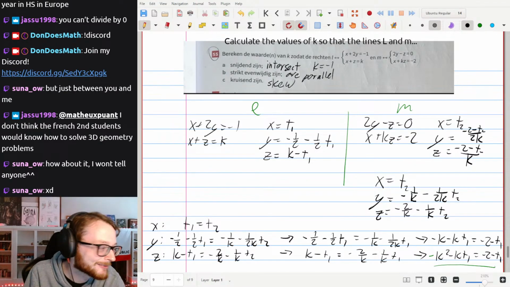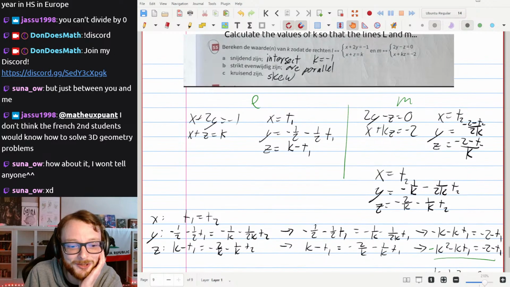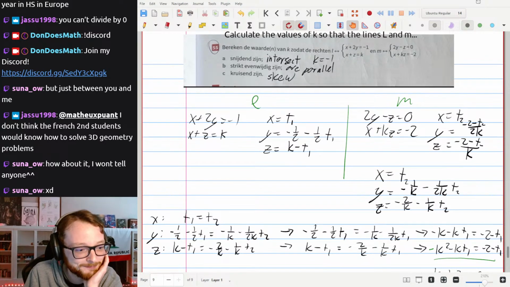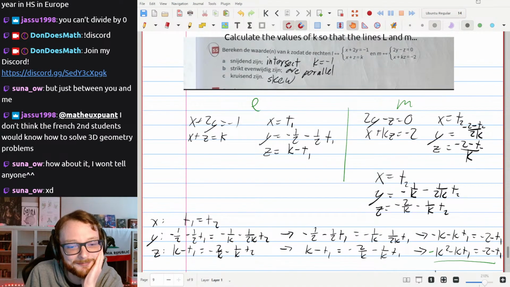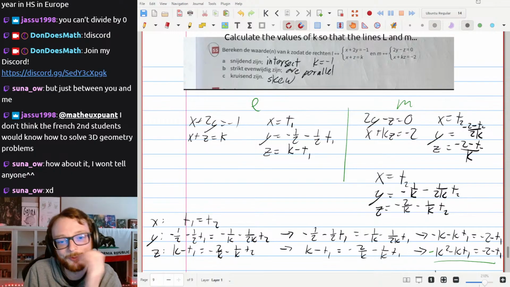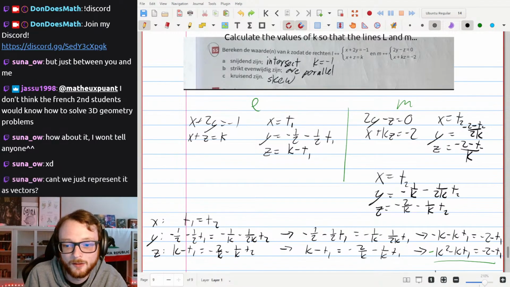Parallel, we know the answer by accident. We should do it the right way. What is the right way? Oh yeah, we're thinking about the slopes, right? Or the coefficients. Oh yeah, it just kind of makes sense.